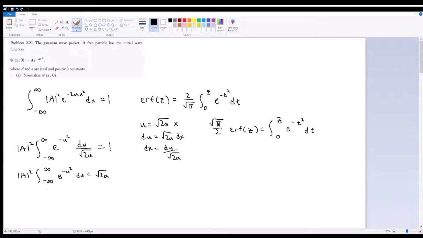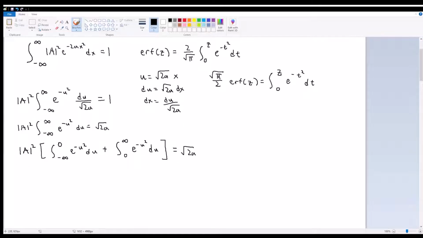So we want to get the zeros in, so this can be rewritten as magnitude A squared times the integral from negative infinity to 0 of e to the negative u squared du plus the integral from 0 to infinity of e to the negative u squared du. And this is equal to square root of 2a.